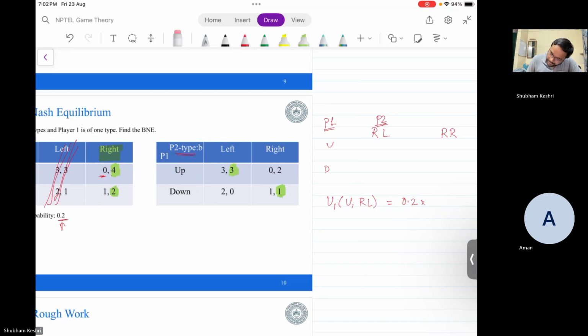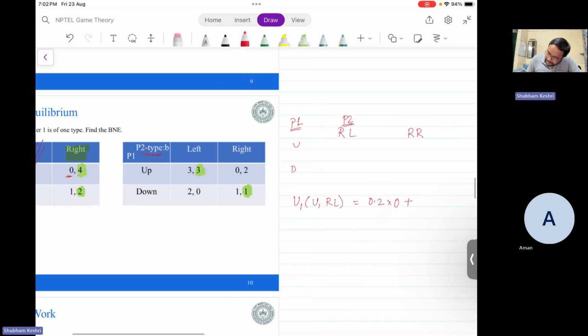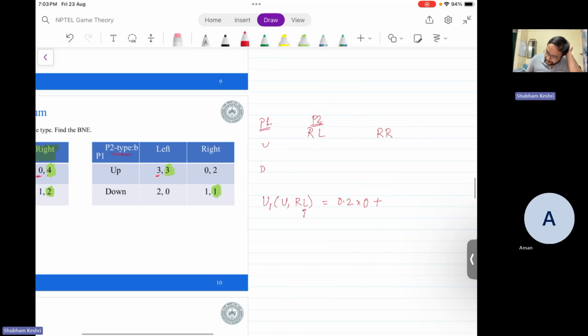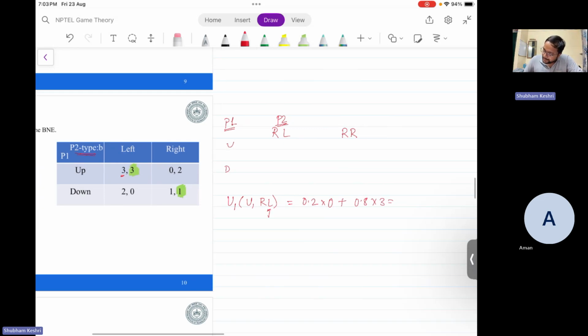So it will be 0, plus when player 2 is of type B and he plays up, his utility is 3, because player 2B is playing left. So it will be 0.8 times 3. It will become 2.4.